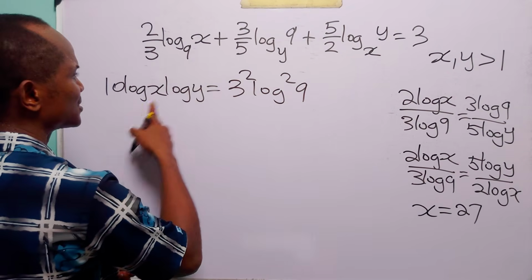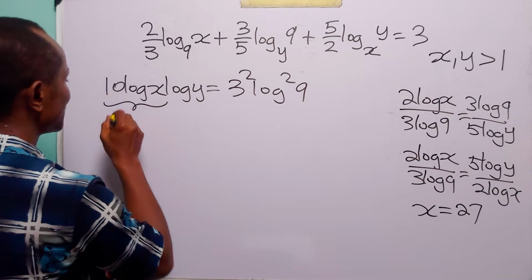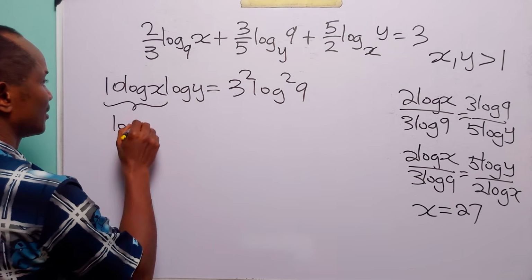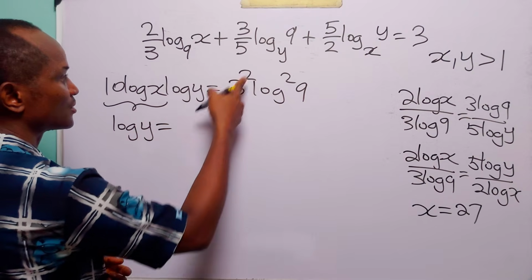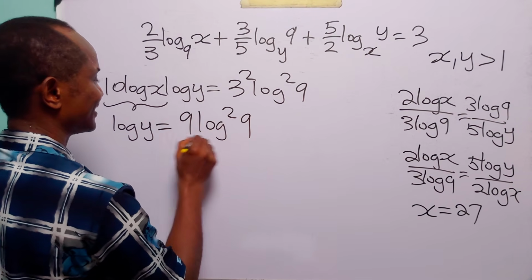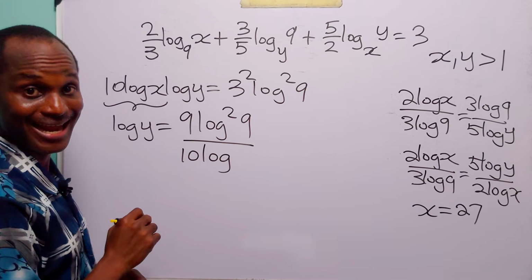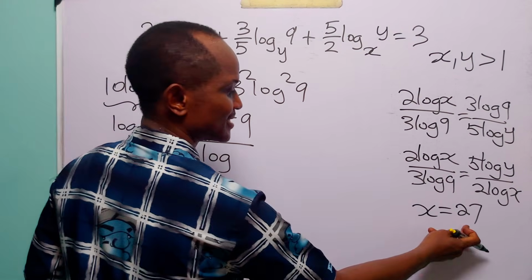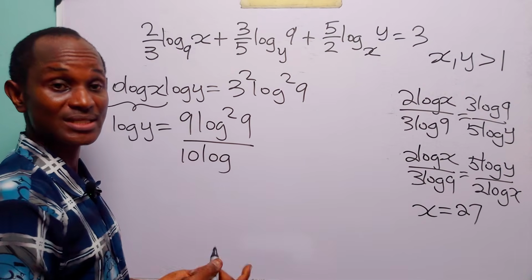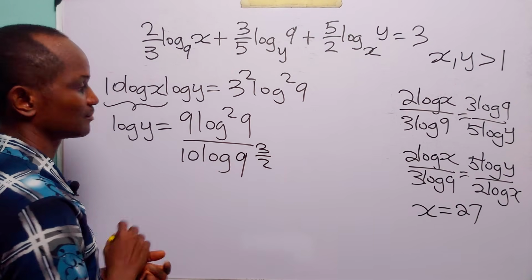Now, when we divide both sides of this equation by 10 log x, we have that log y is equal to 3 squared, which is 9, log squared 9 divided by 10 log x. But remember that x is equal to 27, and 27 is 9 to the power 3 over 2.